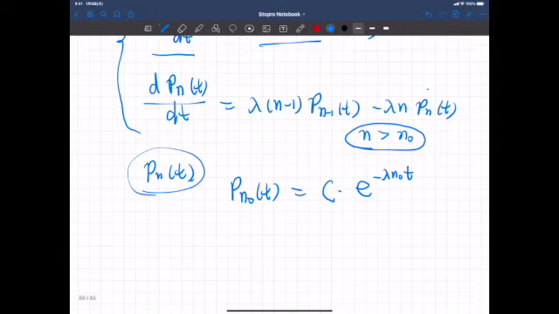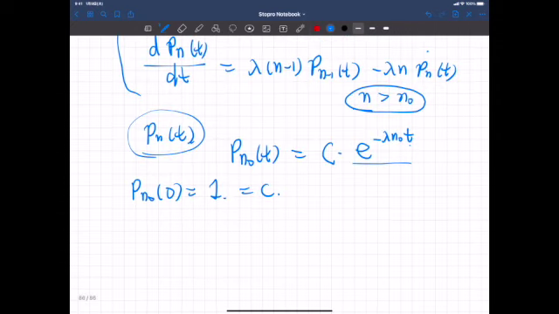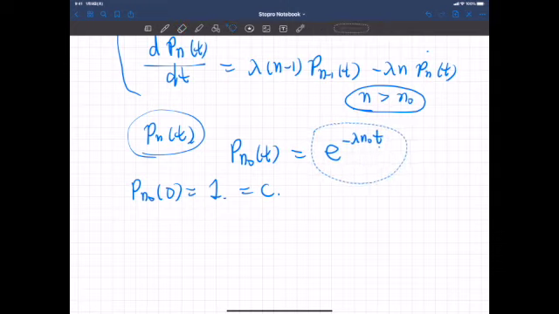But we have the initial condition, which was P n0 of 0 equals 1. So if you substitute t equal to 0, then this should be equal to 1 and c should be equal to 1. Therefore the solution is this, when n is equal to n0.